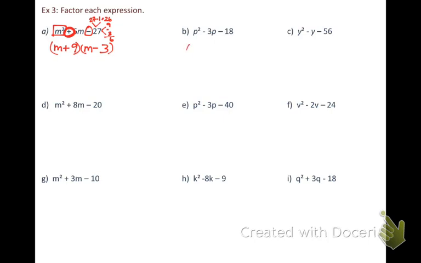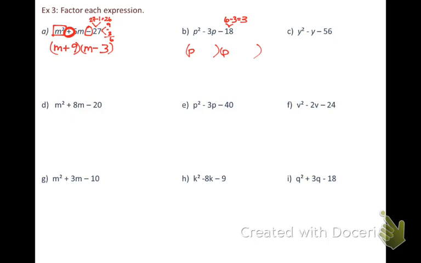We break up the p's, so we have p and p. I need to break up 18. I know 1 and 18, if I subtract them, is not going to get me 3. But if I do 6 times 3 and subtract them, that will get me 3. And again, you could do it much quicker if you don't list every factor of the number.